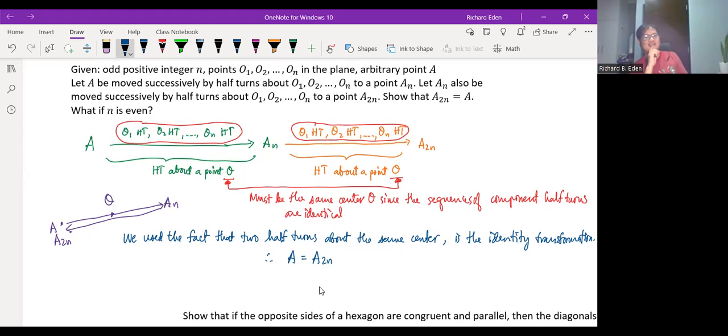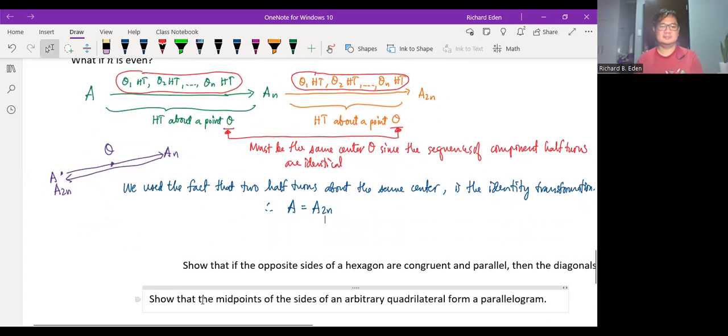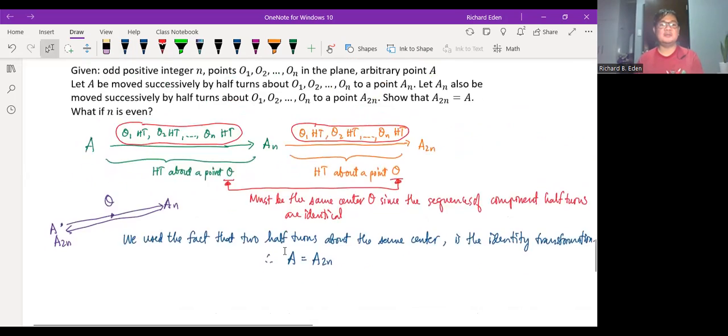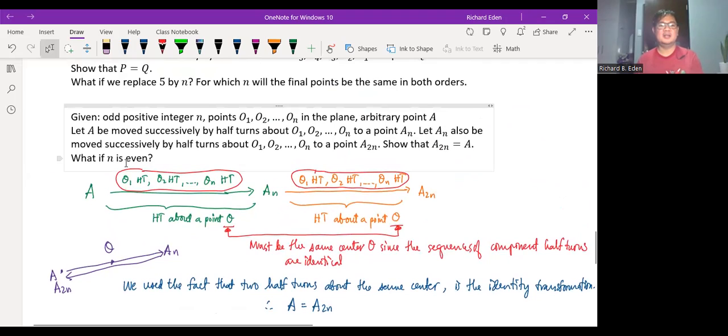It's the same center... So when you do n half turns and n is even, what's the result?